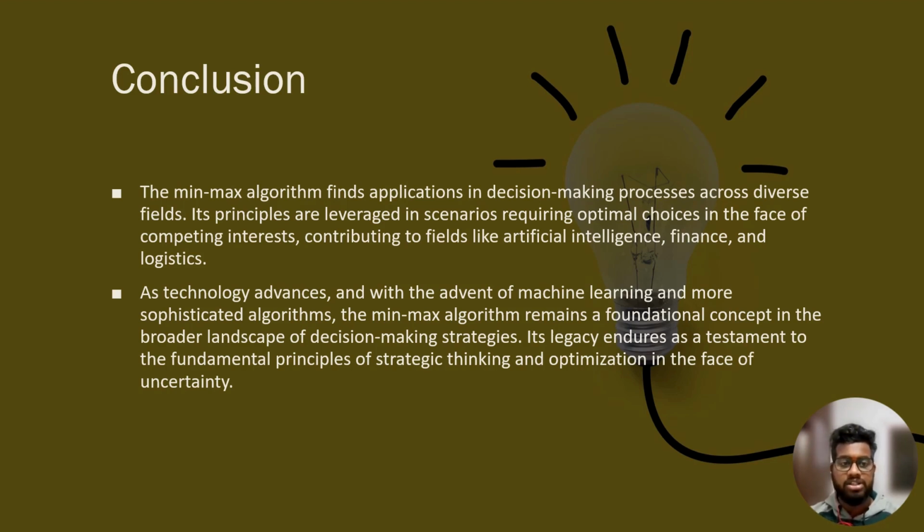As technology advances, and with the advent of machine learning and more sophisticated algorithms, the min-max algorithm remains a foundational concept in the broader landscape of decision-making strategy. Its legacy endures as a testament to the fundamental principles of strategic thinking and optimization in the face of uncertainty.